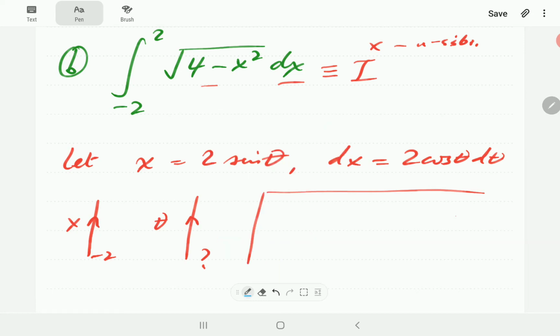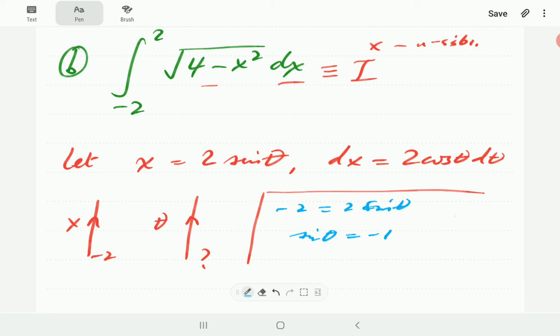So we have -2 equals 2 times sine theta. So this gives us sine theta is equal to -1.